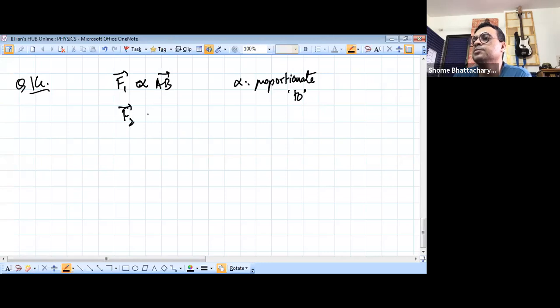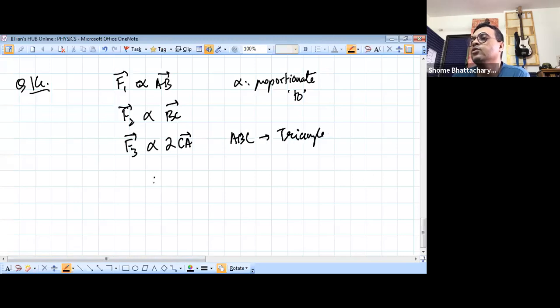F2 is proportional to BC, and the third one, F3, is proportional to 2 times CA, where ABC is a triangle. Okay. So then we have to talk about F1 plus F2 plus F3, the resultant of the 3 forces, and how much it is.